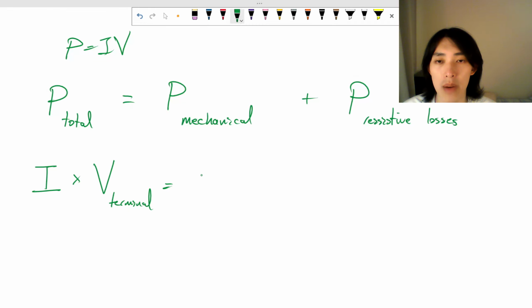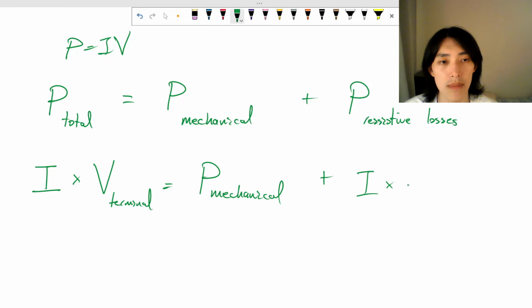So the mechanical power is something that we don't know, we want to create an equation for, plus our resistive losses, which would be again the current times the resistance of our windings squared.